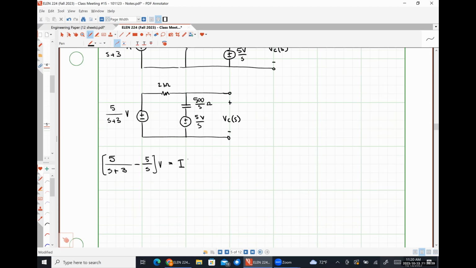Let's just call it I as a function of S, and let me label it on our diagram. Times 2000 plus 500 over S, where this thing has units of ohms.